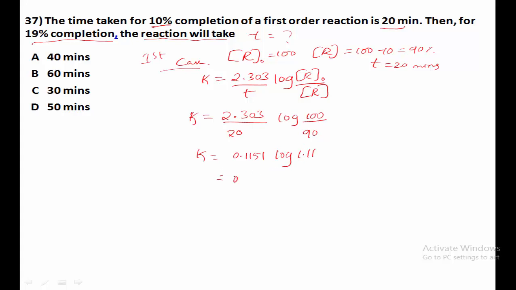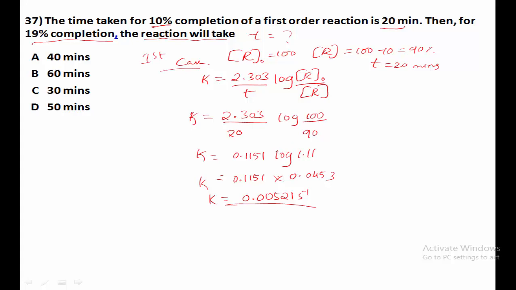Again simplify this: 0.1151 log 1.11 means how much? It is 0.0453. Therefore, the value of K is 0.00521 per second. This is the value of K.